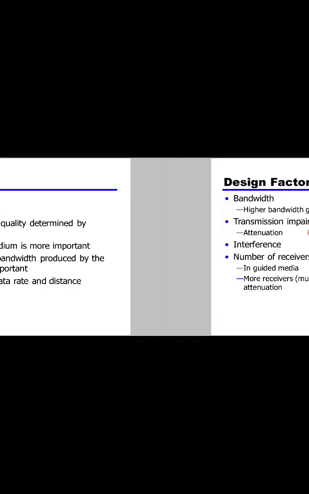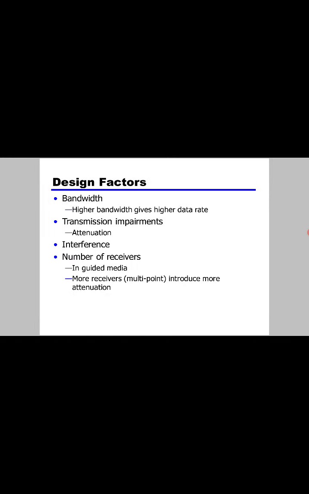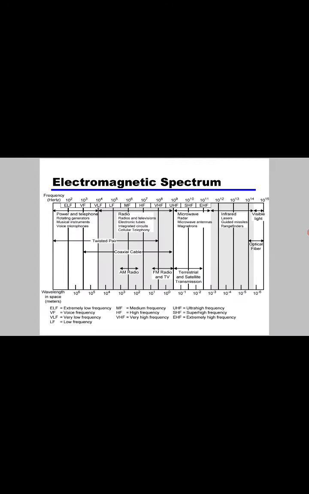In guided media, the medium varies, and more receivers at a multi-point introduce more attenuation. So there are very different types of mediums used. Frequency: what is the frequency? Frequency means the speed of the bandwidth is generally measured in frequencies.